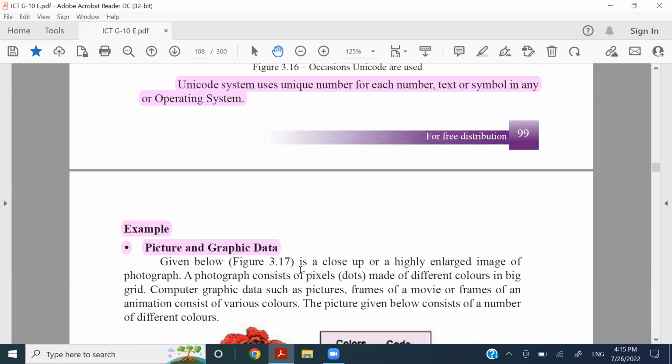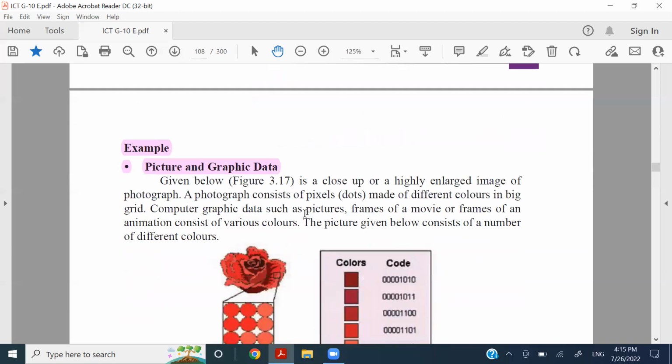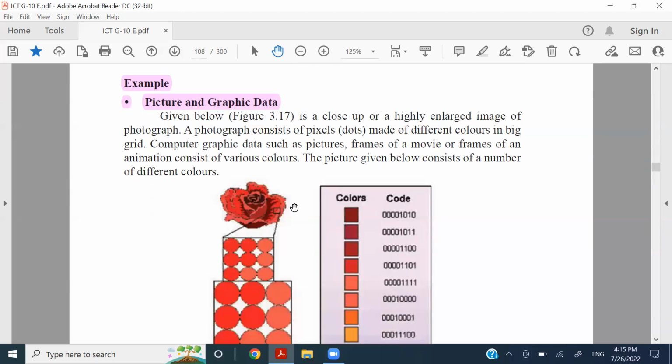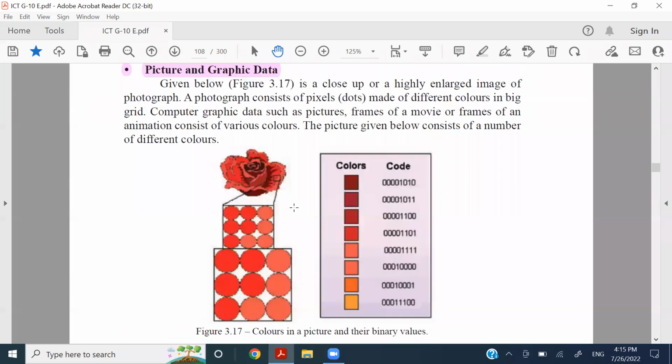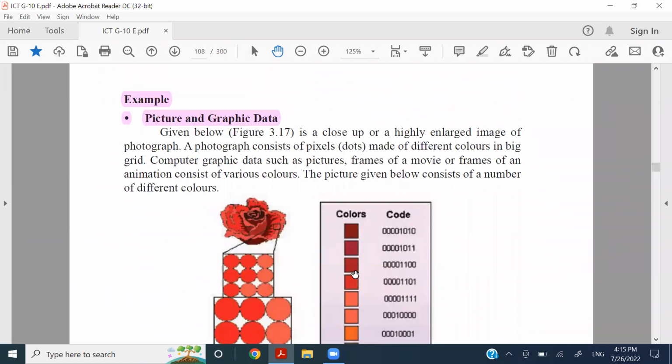Let me see what we can write here. Let's write it like this.